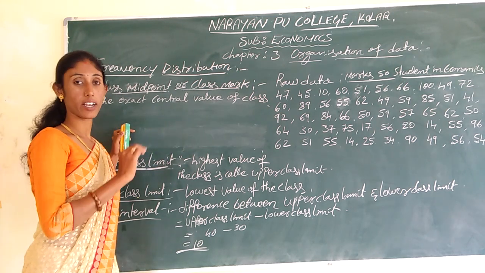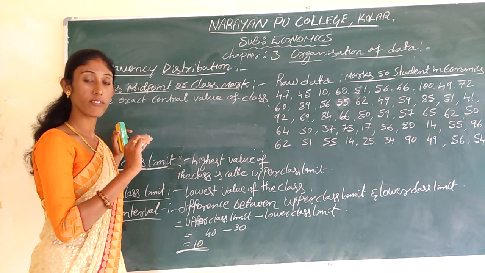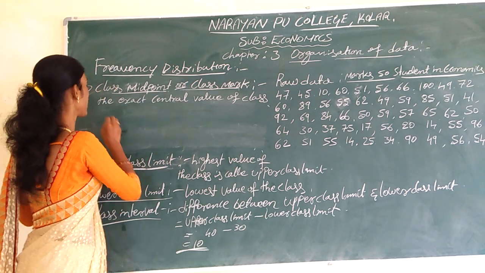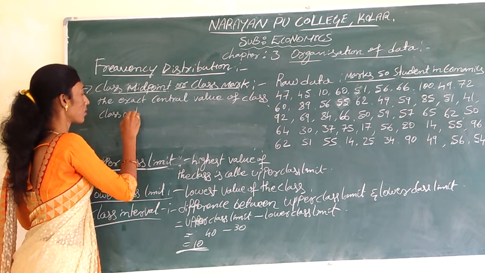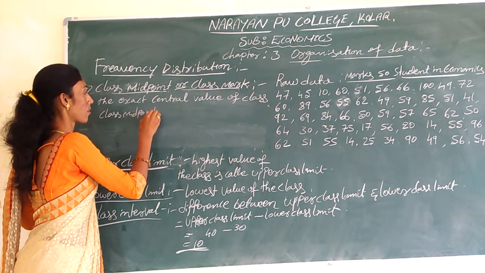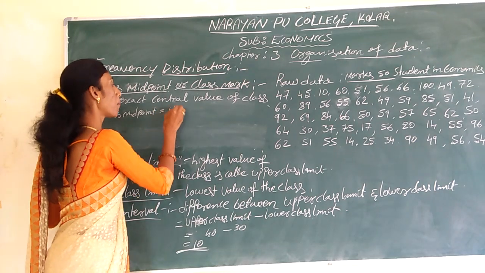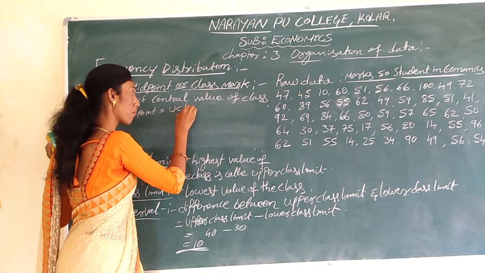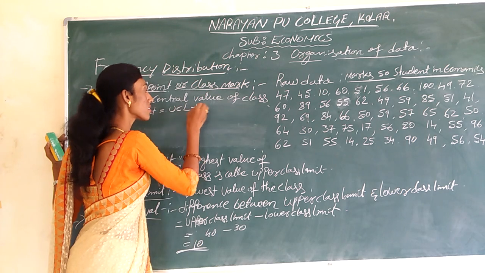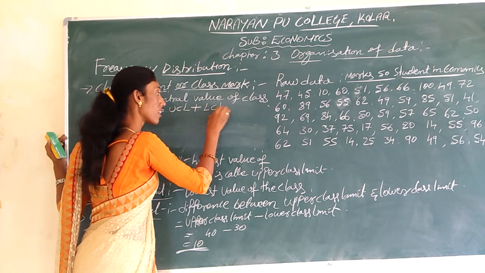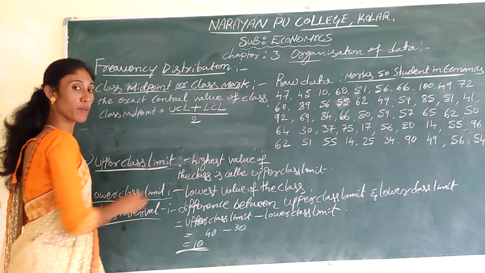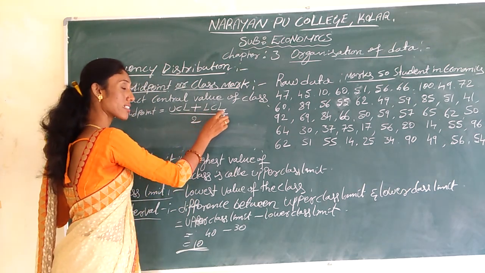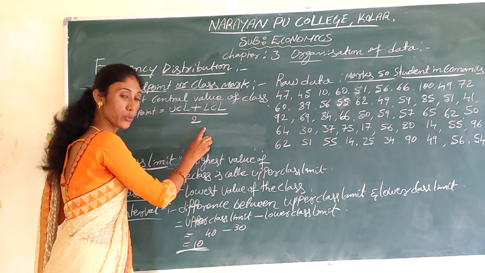In order to find out the class midpoint, we have a formula: class midpoint equals upper class limit plus lower class limit divided by 2.